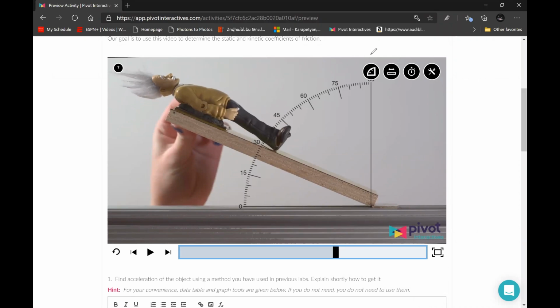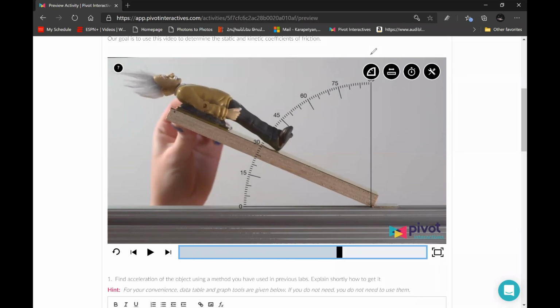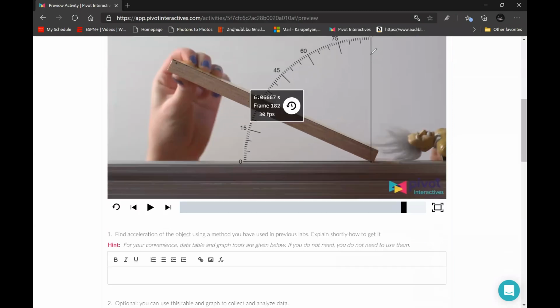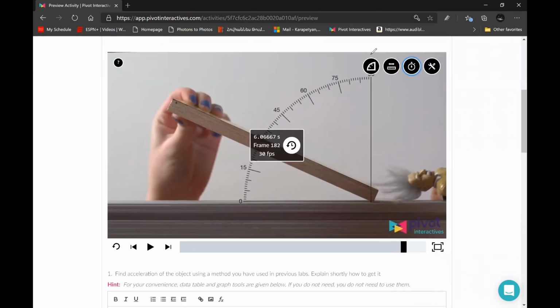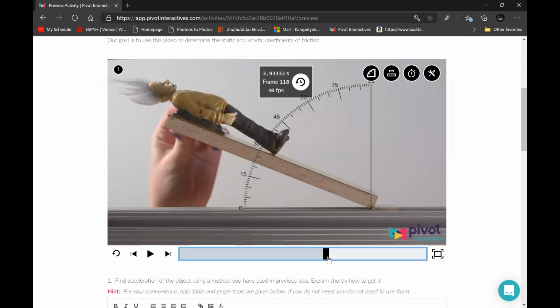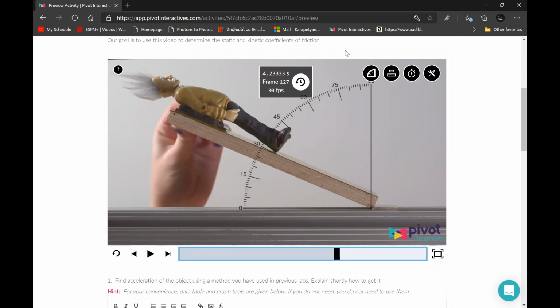For the kinetic friction, we're going to start from here, when the object starts sliding down. I'm going to take a stopwatch, and go find the instant when it starts sliding down, which is right there.